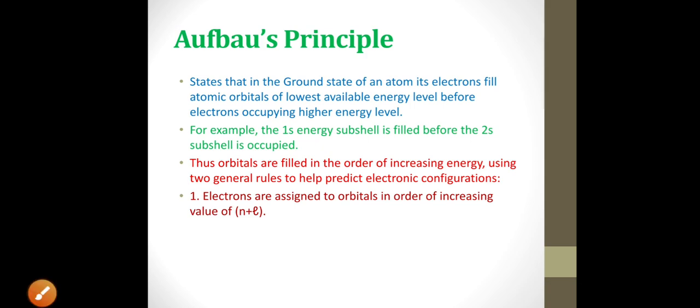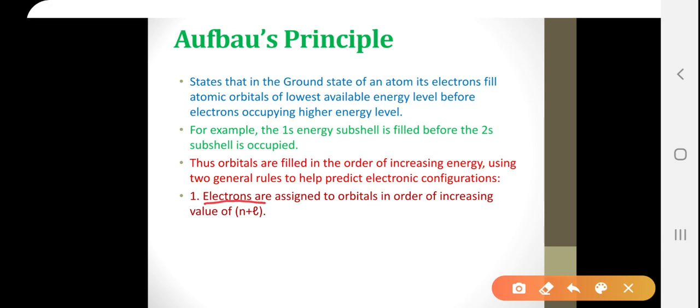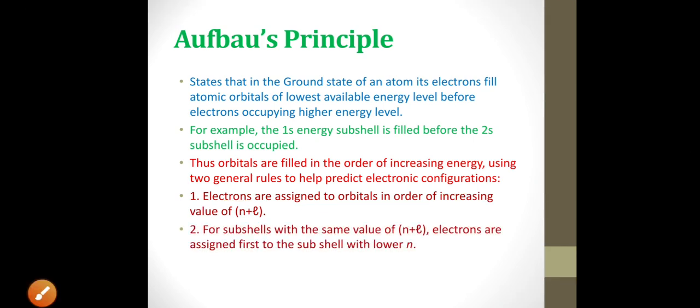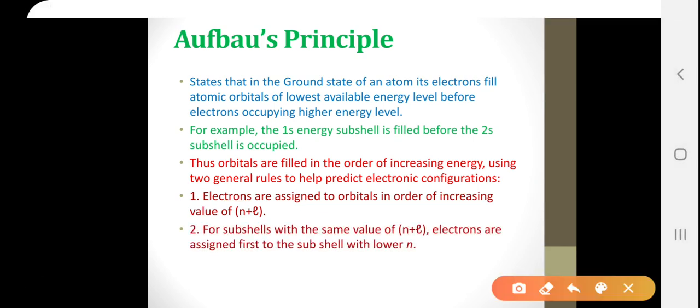The first rule is that electrons are assigned to orbitals in order of increasing value of n plus l.